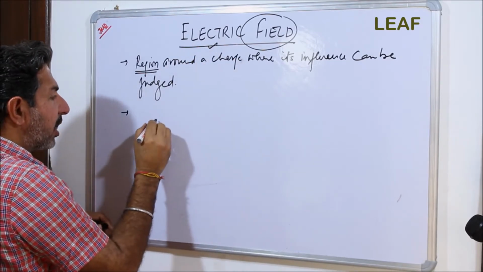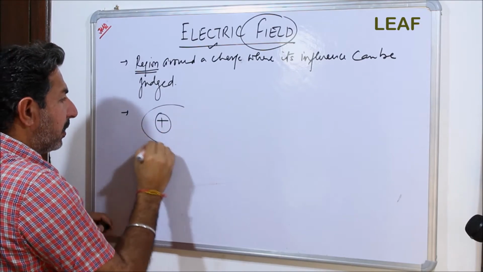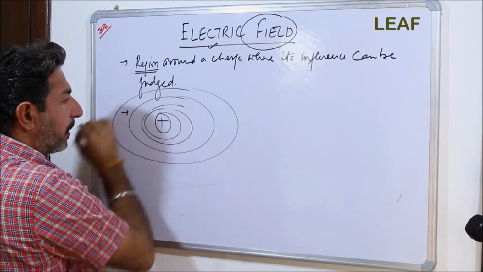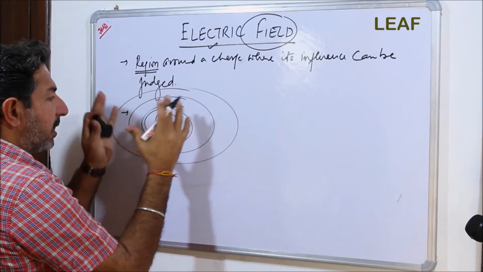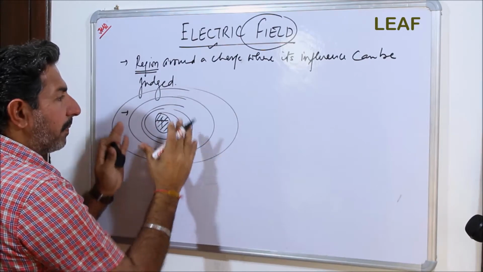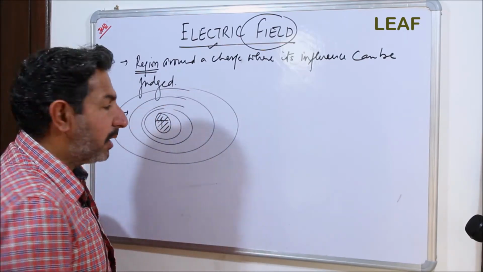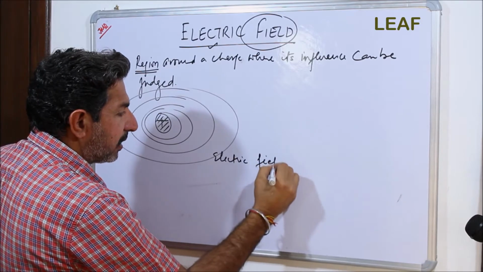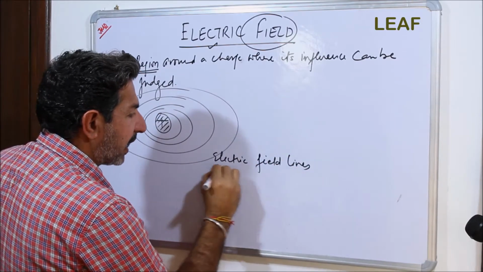For any given charge, the three-dimensional space around the charge is affected by an invisible element called electric field lines. This we all have studied.